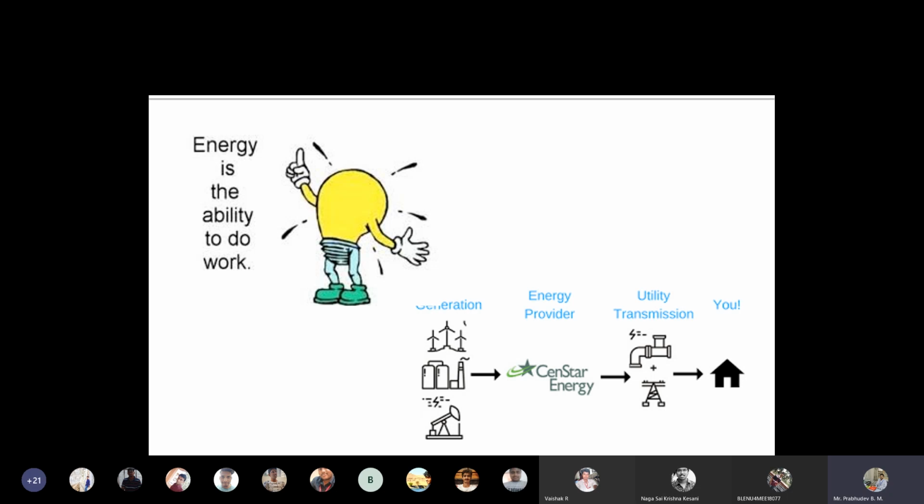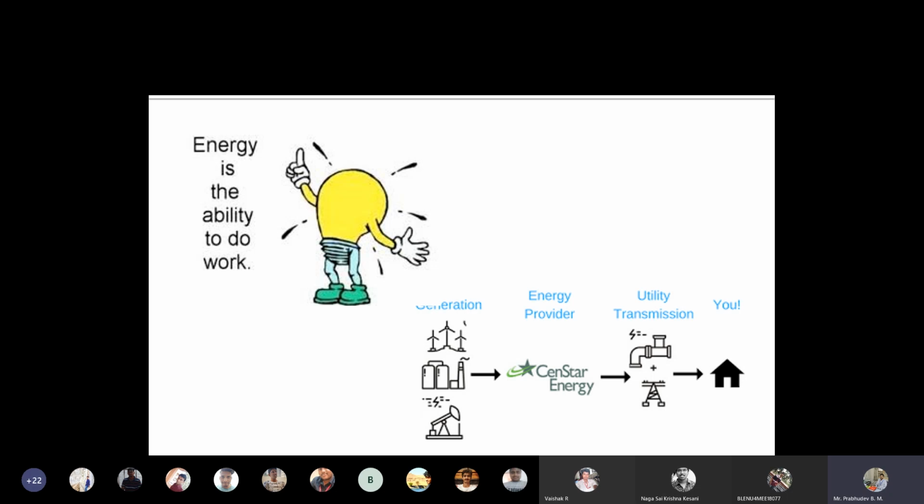Some company or energy provider will take care of supplying the energy from the generating station to the usage station, and that will be distributed through cables to your homes. Then it will be connected to light, TV, fan, radio, or everything. You can make use of this energy very effectively.